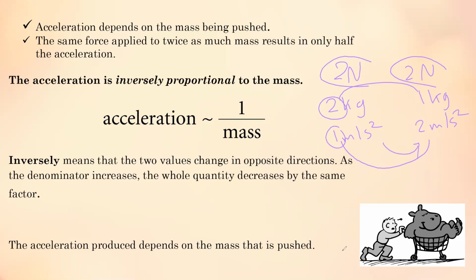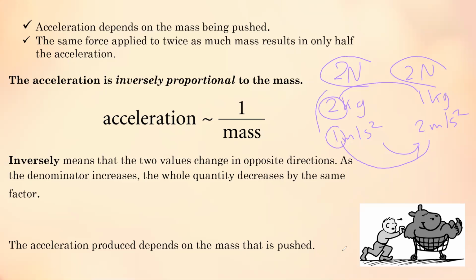Is it clear? Yes. So you are applying the same force. If you apply it on a big object, your acceleration will be less than if you apply it on a light one. If the mass of the second object is twice the first one, your acceleration will be half of the first one.